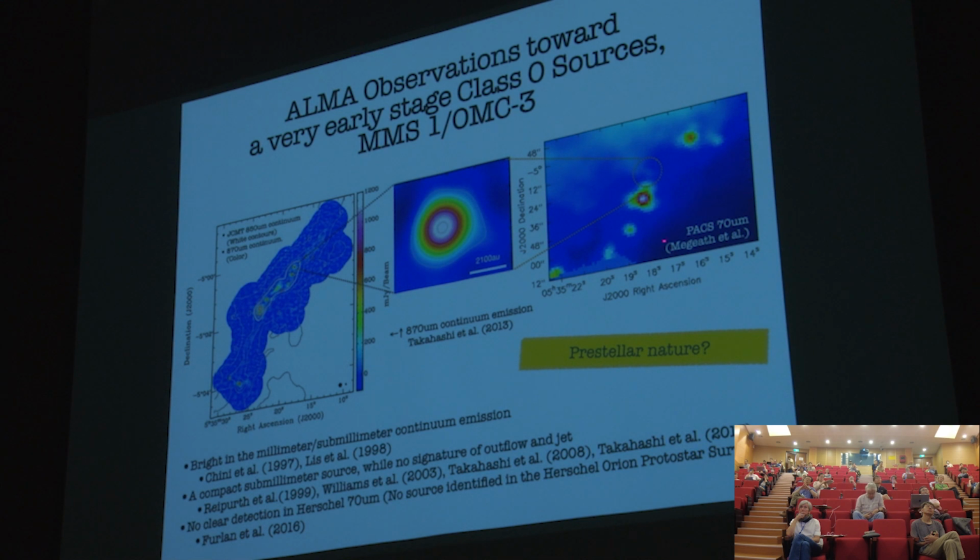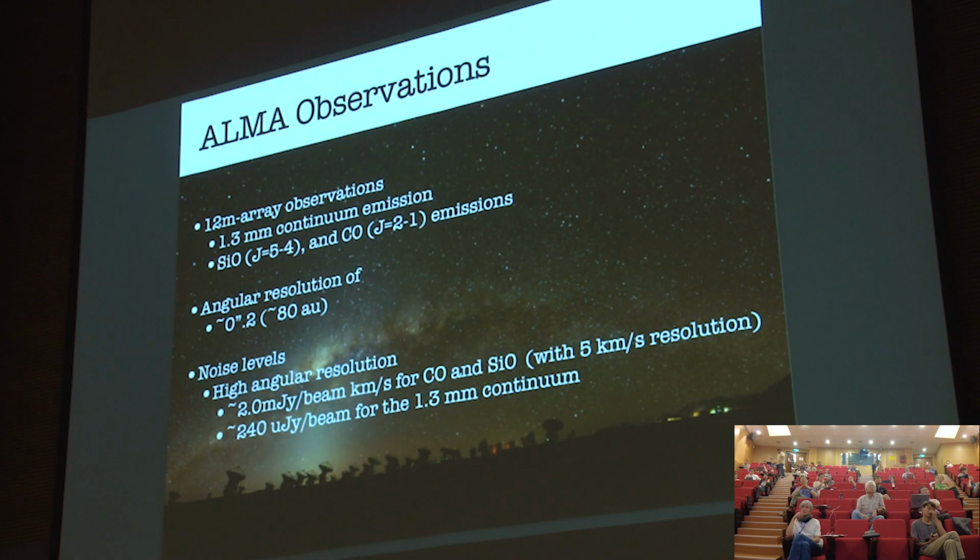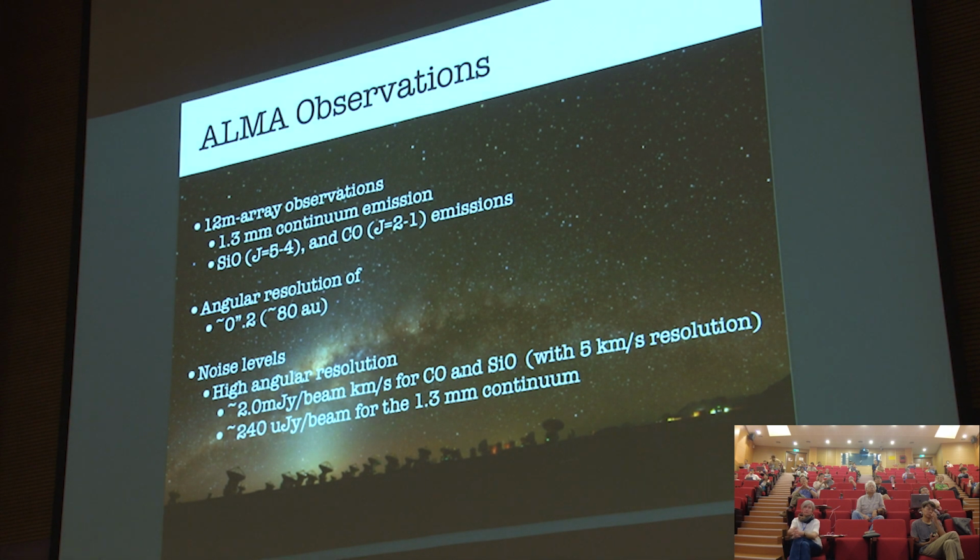So this core looks like it shares a more prestellar nature. We were wondering what the source is, and performed observations using 1.3 millimeter continuum emission plus SiO and CO. The angular resolution we achieved was 0.2 arcsecond, corresponding to about 80 AU in Orion. The achieved noise level is something like this.